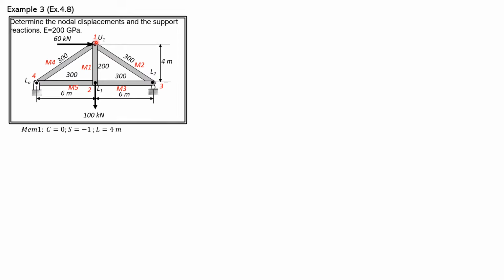So remember that the sine of the angle the member makes with the horizontal is negative 1. Or you may denote the angle as negative 90 degrees, or 270 degrees from the positive x-axis. For counterclockwise, sine of 270 is negative 1, or for clockwise, sine of negative 90. So that's why it's negative 1.